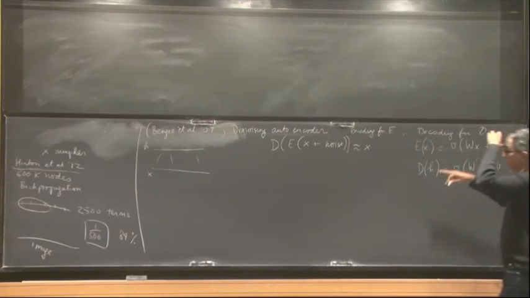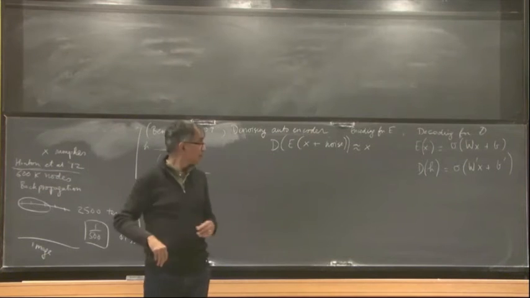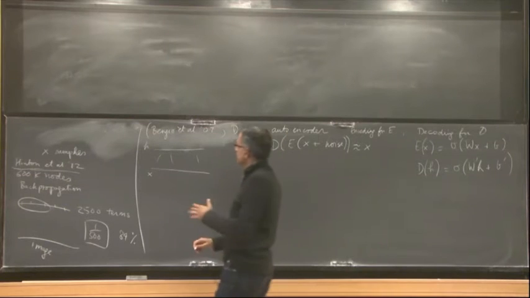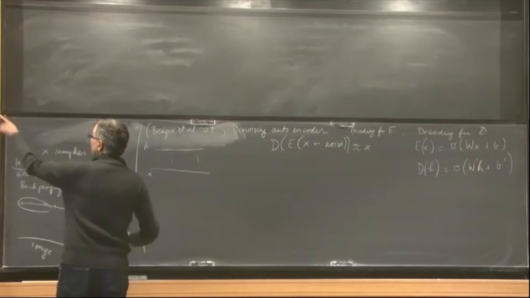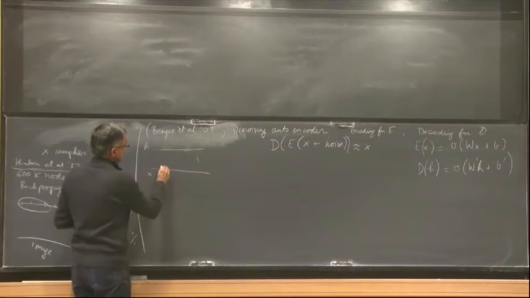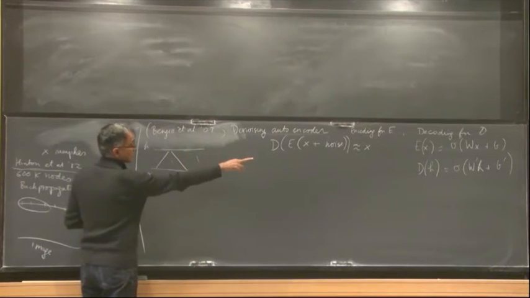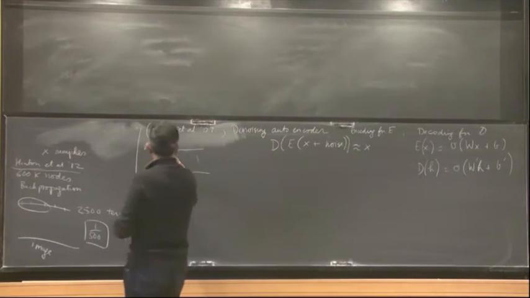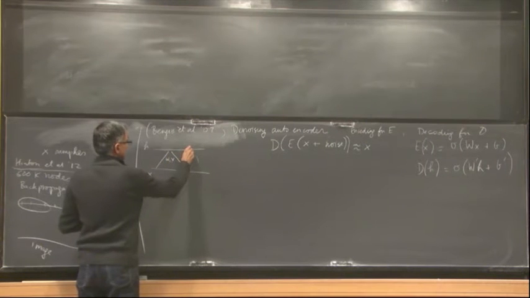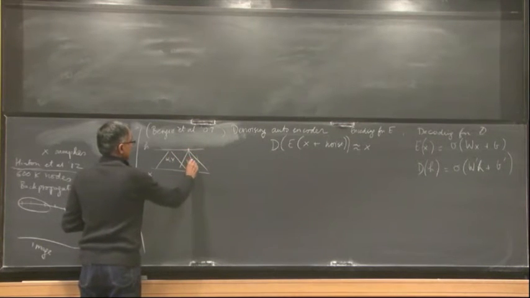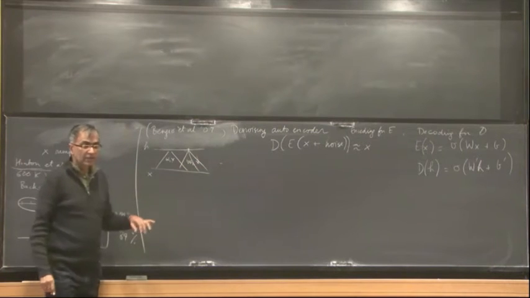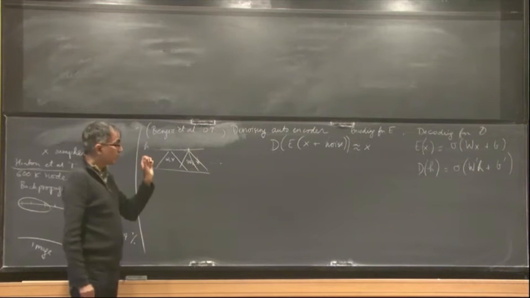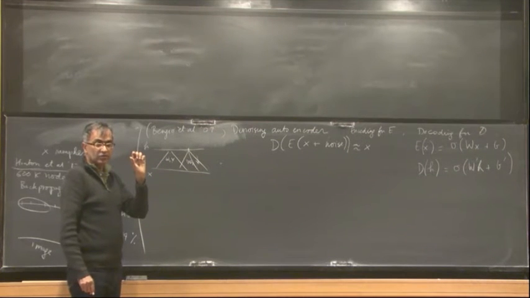Let me just draw this out. What you have is very reminiscent of neural nets. You apply a linear function, where W is a matrix, so this is W1 times x, over here you have W2 times x, and so on. Then on this vector you apply a nonlinearity on each coordinate, a nonlinear transformation.